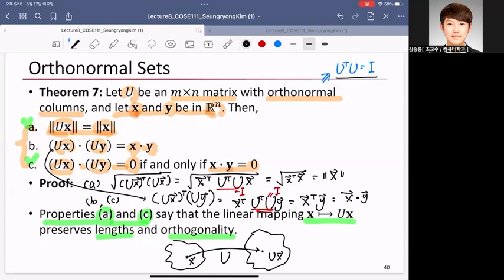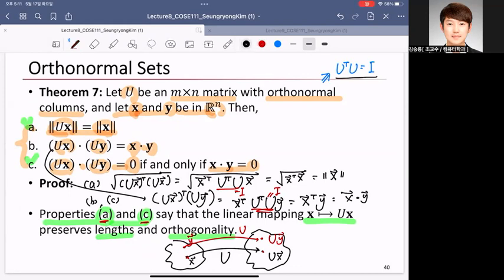Let's suppose there's another vector Y, and it is transformed to UY. Then statements A and C show that the length of vector X should be preserved in the length of UX, and orthogonality between X and Y should be preserved between UX and UY.